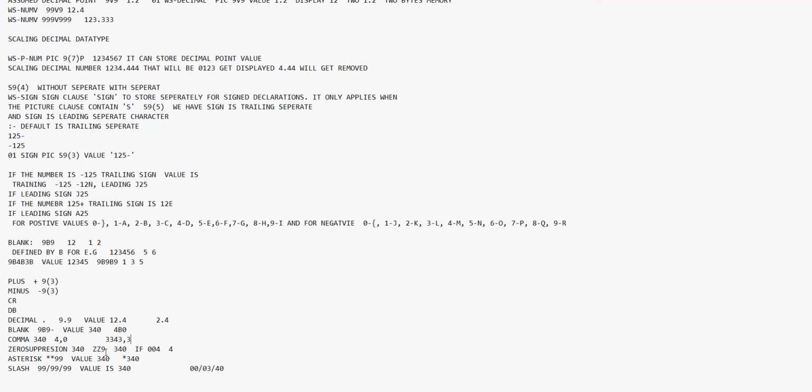For example, 01 picture class 9 comma 9. And if I move the value 340 into this, from 0 comma 4, it will display. Okay, got it.